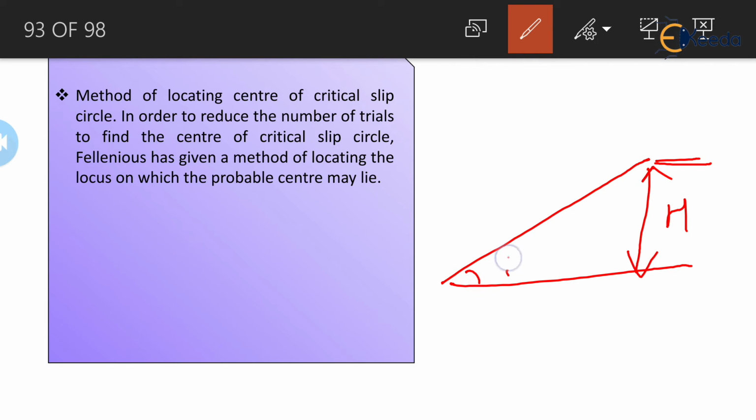Here is the angle, and when we draw this slip circle, we get a second angle, which is made with the horizontal and with the radius of the slip circle, denoted by alpha. That value will be located from this toe point in the downward direction; at distance h, we will get one point. Again from this point, if we plot the distance 4.5 times h, we will get another point.